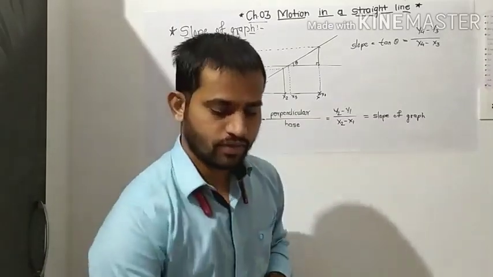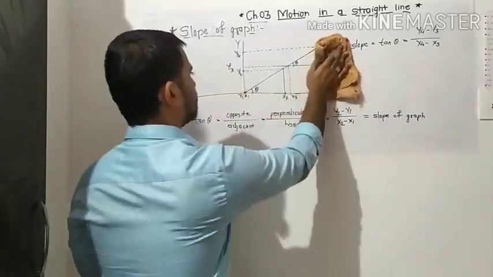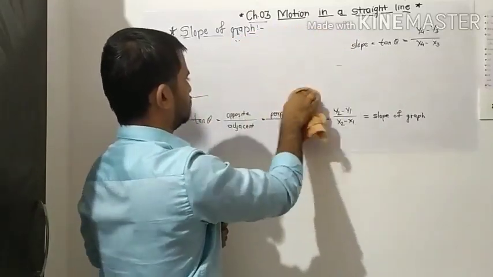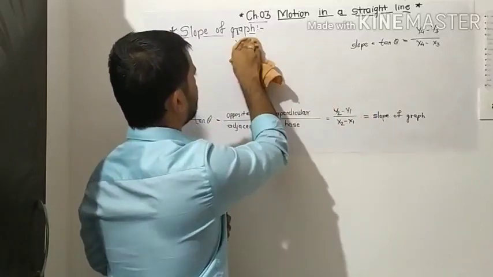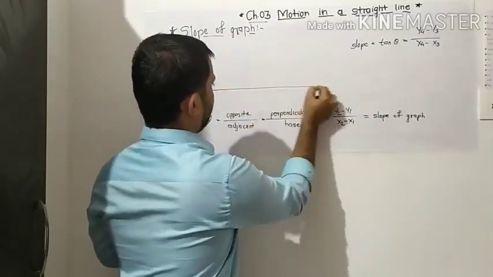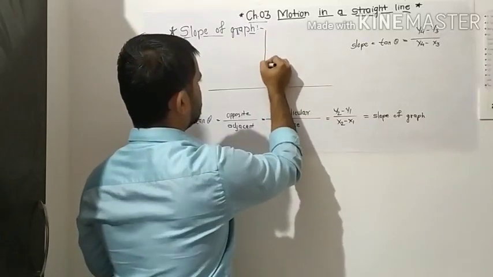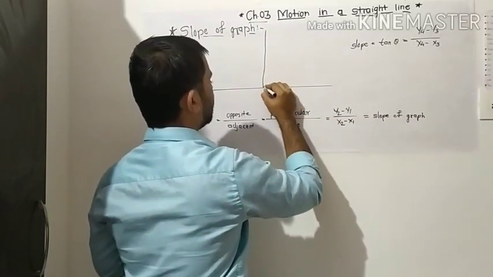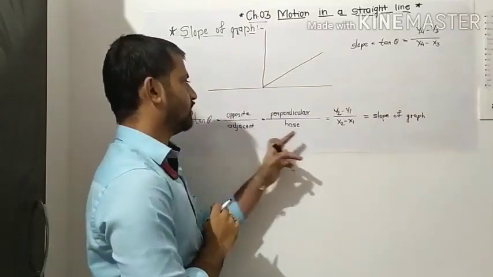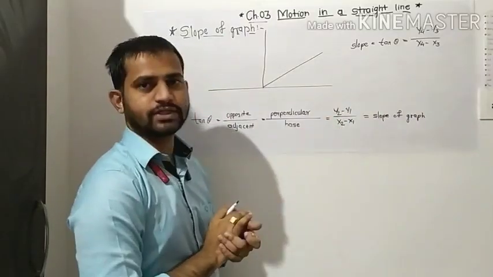Suppose I draw one graph. This is the one graph. If I have to find the slope of this line, I will go the same way: y2 minus y1 upon x2 minus x1.